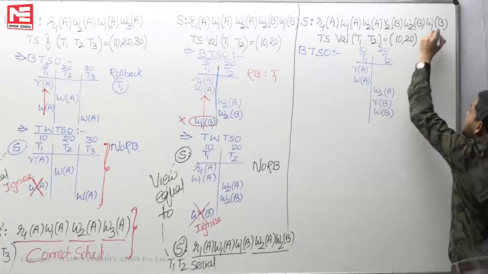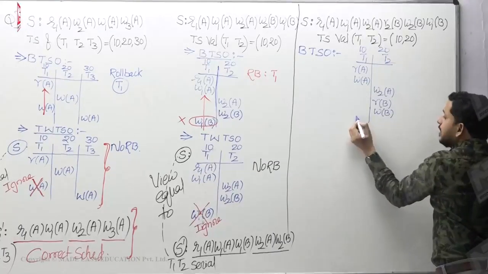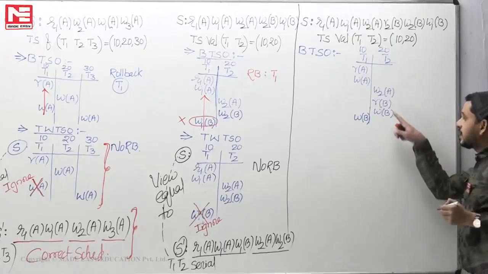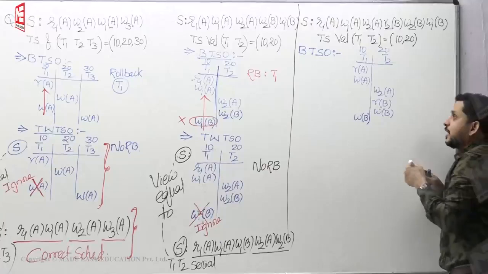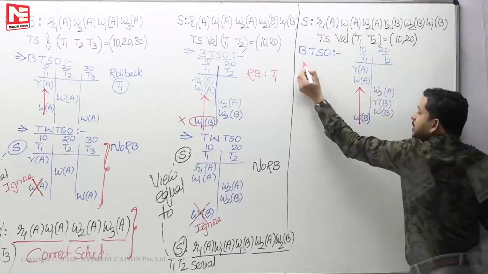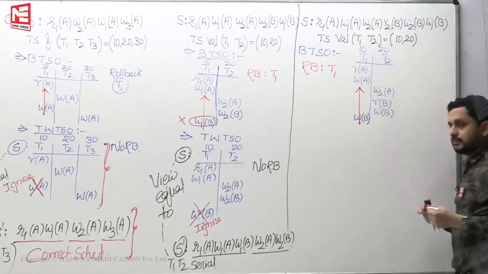After that, T2 has already done read B and write B, and then T1 requests write of B. If a younger transaction has already done either a read or a write, the older transaction's write is not allowed. So this write B rolls back.